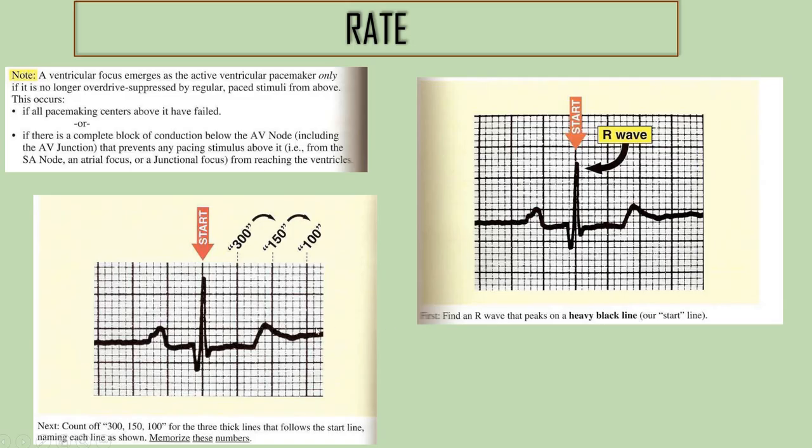First of all, for counting, we have to find the R wave. These are R waves that peak on a heavy black line, our start line. Then the next line is 300, then 150, then 100. Please memorize this way: 300, 150, 100.